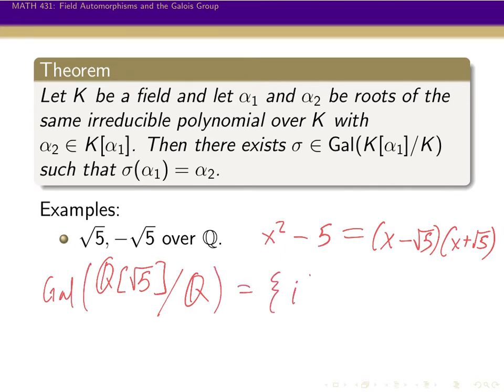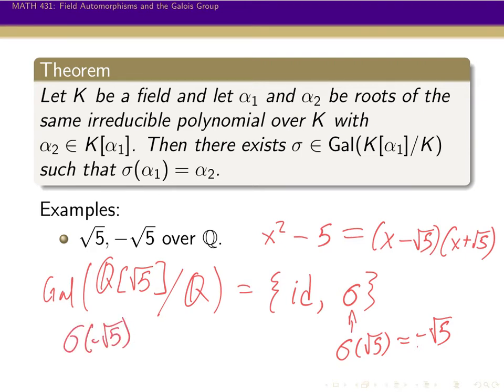It's going to have an identity element, ID, and then it's going to have some sigma, and sigma is going to send square root of 5 to minus square root of 5, right? And so then we can ask, well, what does sigma do to minus square root of 5?